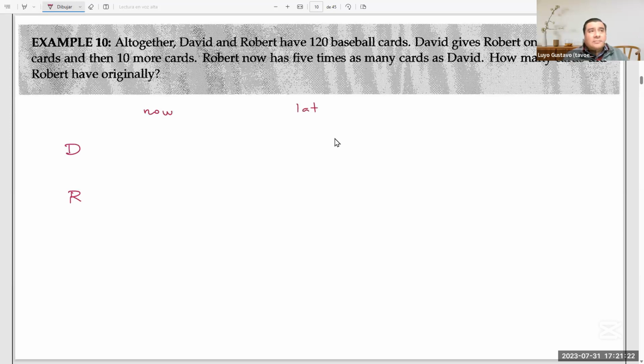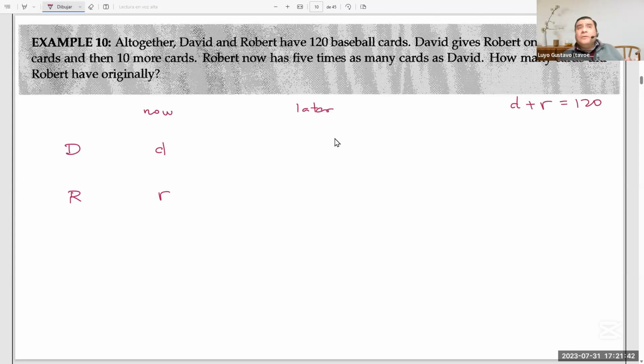So you know that there is the number of cards that David and Robert have now, and then let's say later. So what is the number of cards David has now? Let's say it's D and Robert R, so the sum of these is 120, right? So we have one first equation. What about the second statement?